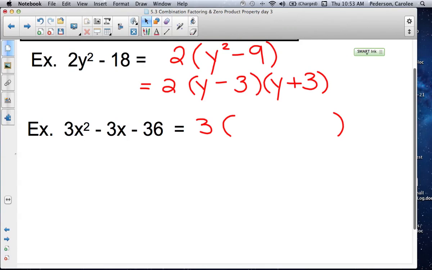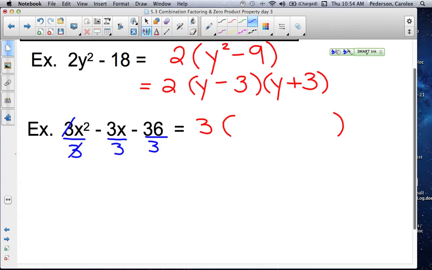If you still like to do this off to the side, so you're showing your work, you can do that, or you can do it in your head. So 3 divided by 3 is 1. So you just have the x squared left. And then 3 divided by 3 is 1. So you're left with negative 1x. And then 36 divided by 3 is 12. And then you have the negative out in front.